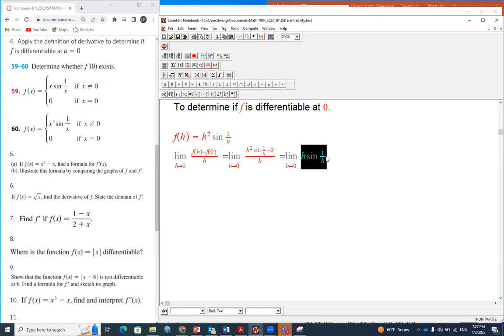So what we can do is use absolute value.